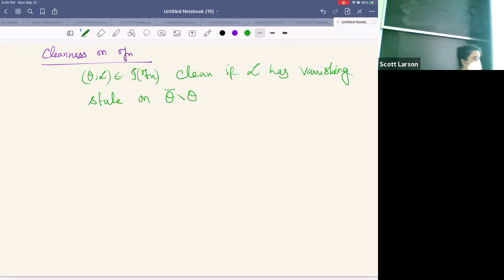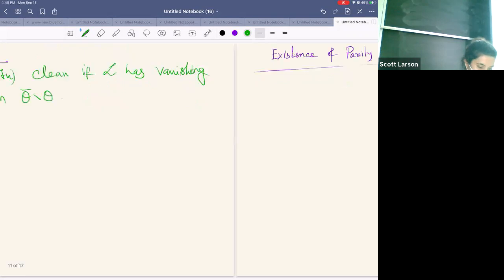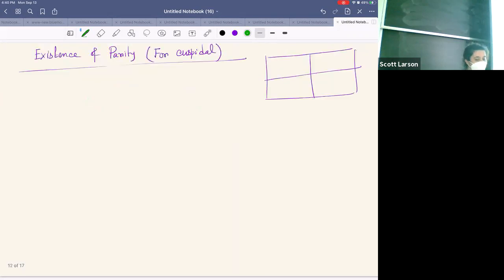So this is quite similar to the definition of cleanness in the nilpotent setup. Now I will talk about the existence of parity sheaves on cuspidal pairs. Here I'm in GN and in positive characteristic. This is a new result.